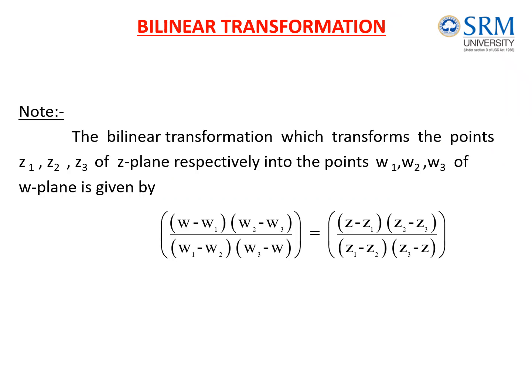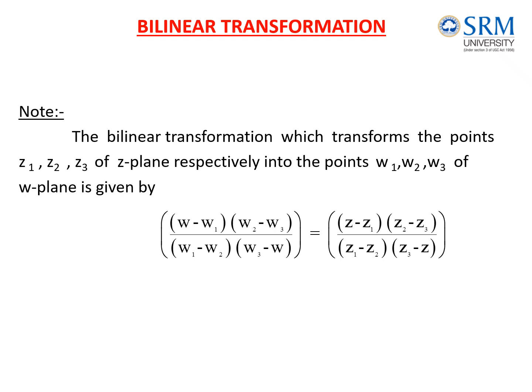And next comes a note. If 3 points are given in the z plane and the images of those 3 points in the w plane are given, then we can find the bilinear transformation using the cross ratio property. The property is easy to remember: (w minus w1) into (w2 minus w3) in the numerator, with suffixes 1, 2, 3 then w, and in the denominator (w1 minus w2) into (w3 minus w).